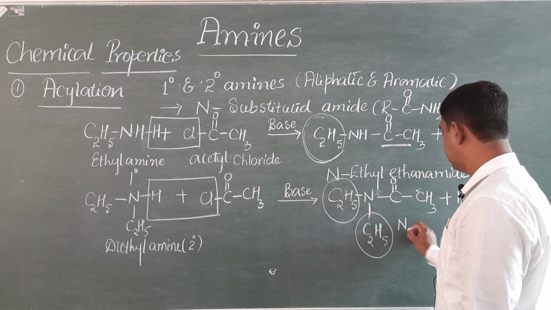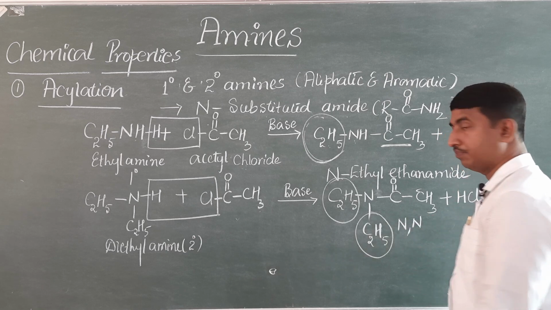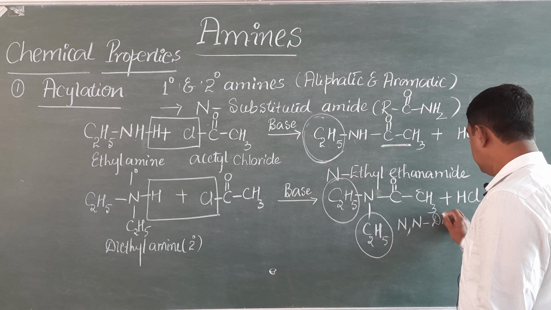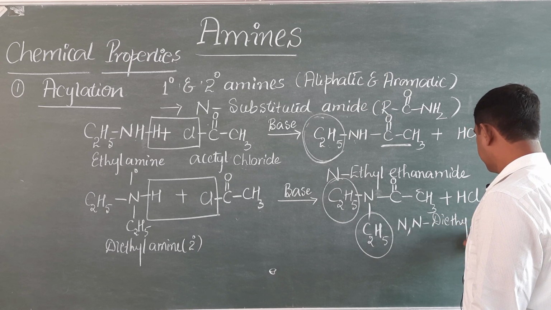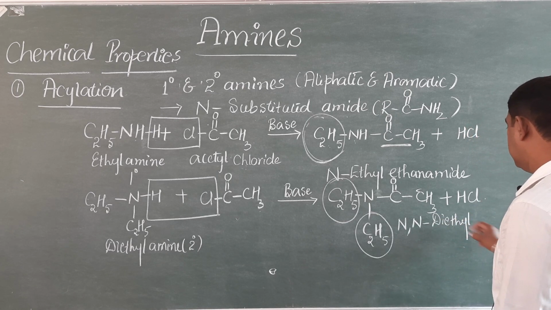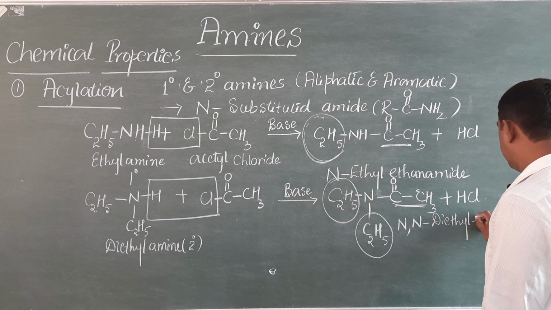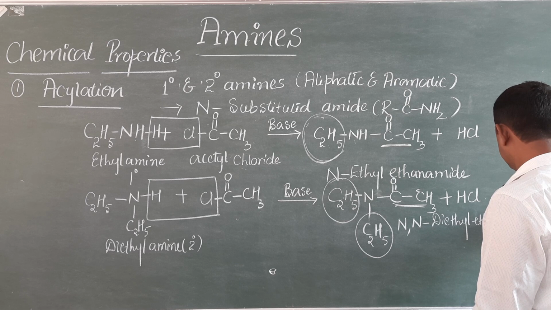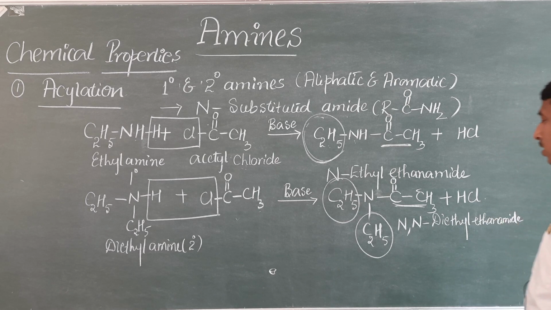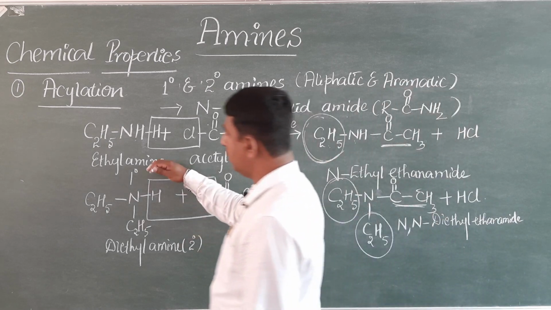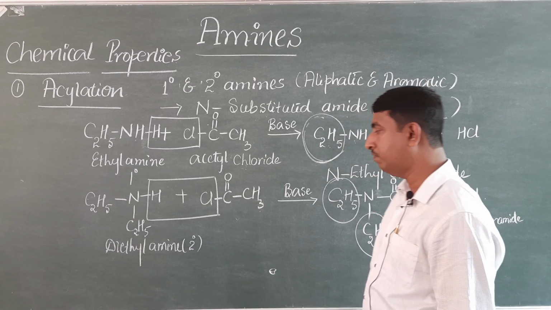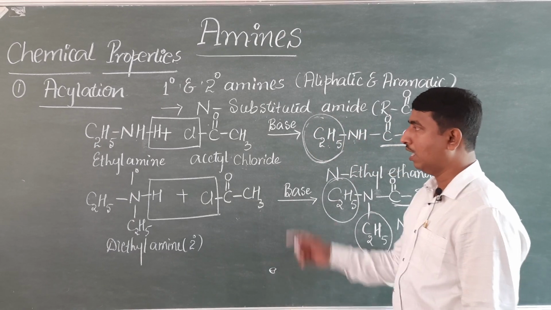So it is named N,N-diethyl. Again, there are 2 carbon atoms, ethanamide. N,N-diethyl ethanamide. So this is about the reaction of aliphatic primary amine and aliphatic secondary amine with acid chloride.